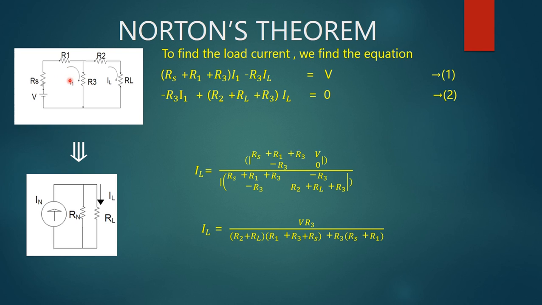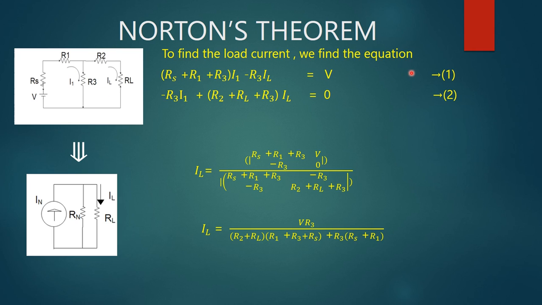From the first loop, we use KVL and find (RS plus R1 plus R3) into I1 minus R3 IL. Here minus because IL passes through R3 in the upward direction and I1 is in the downward direction, is equal to V.